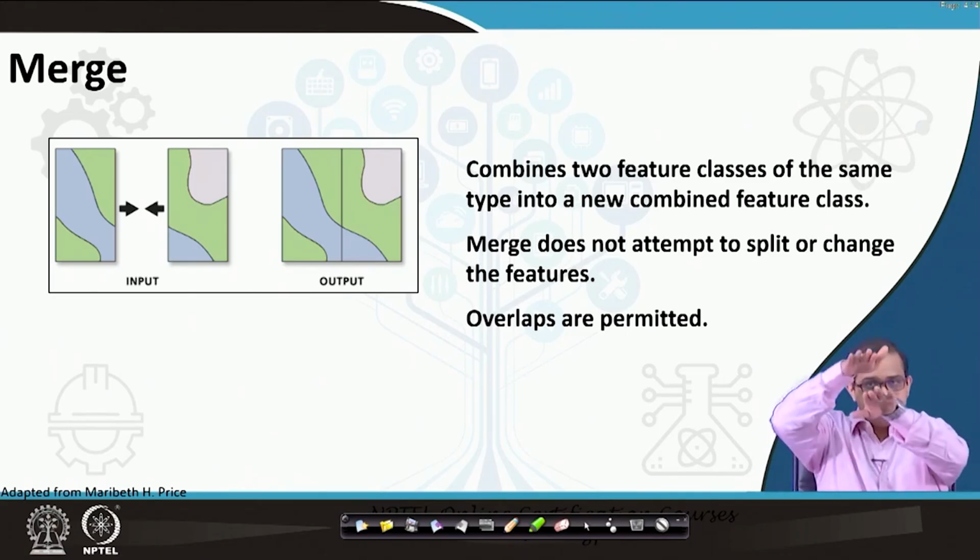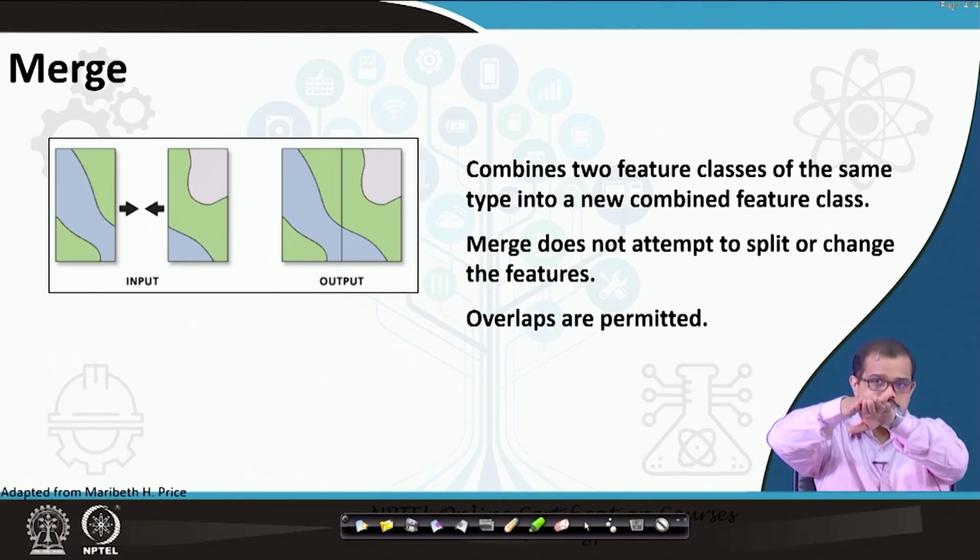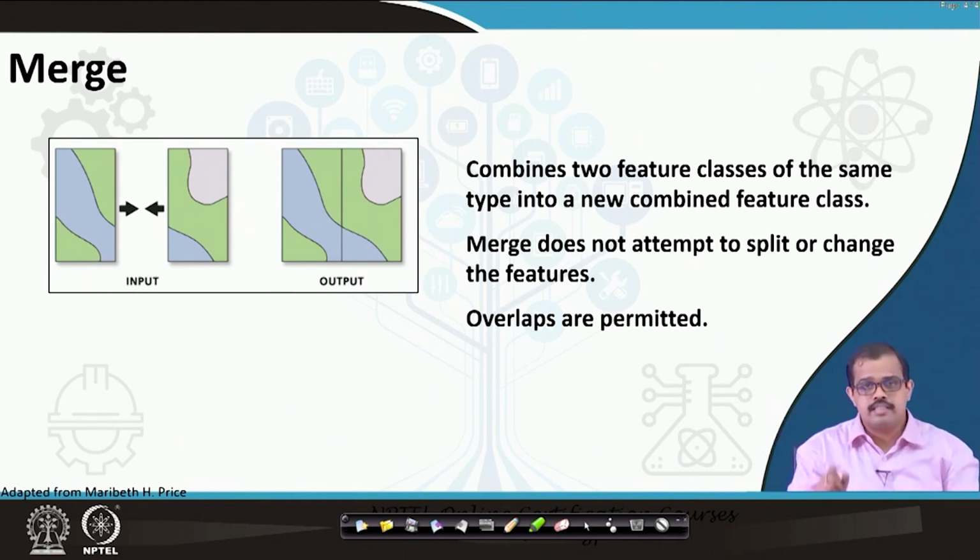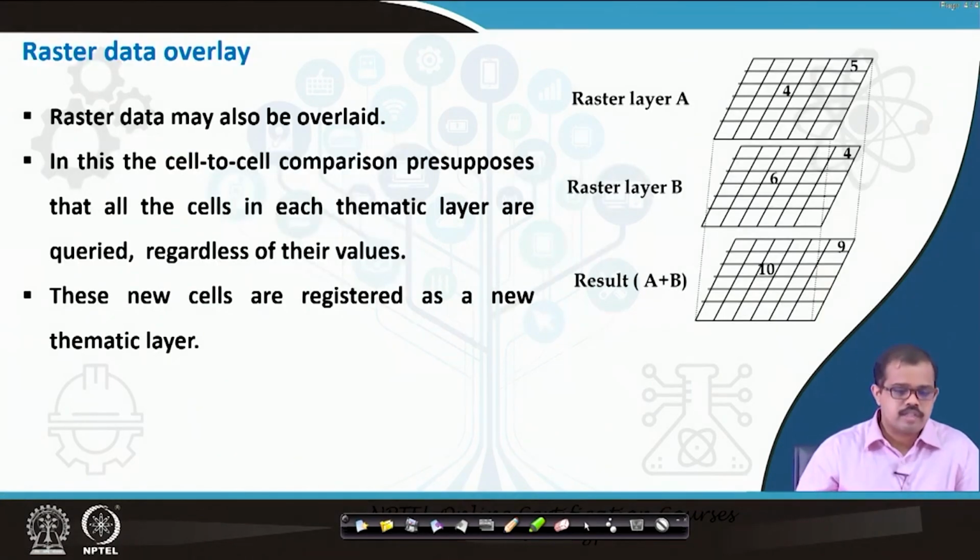So it sits on it like this. It matches its edges, or its latitude and longitude, or its points on these edges. That is how the merge happens. Normally overlaps are always permitted, and overlaps are considered correct in terms of merging data, so that the data is not lost.